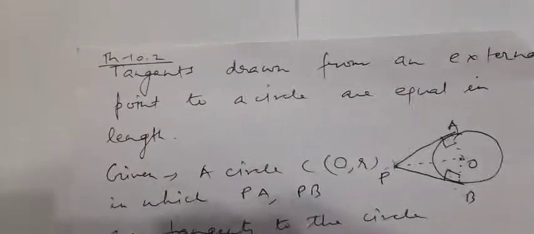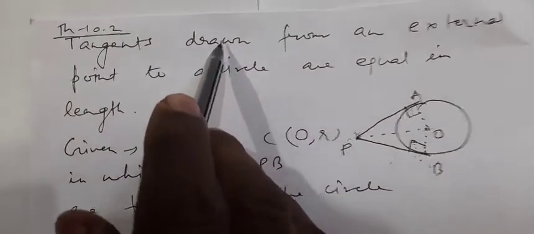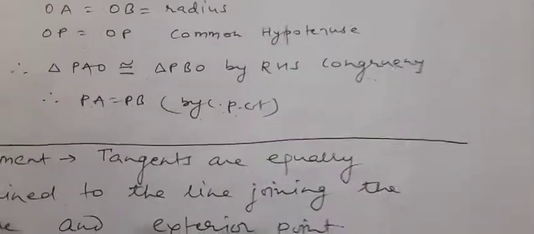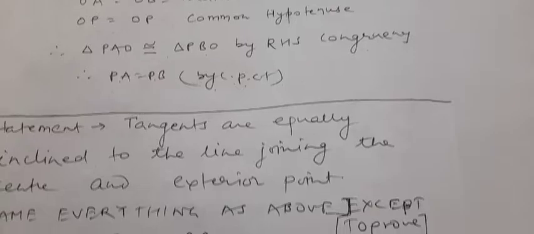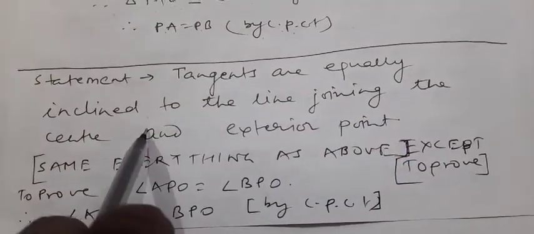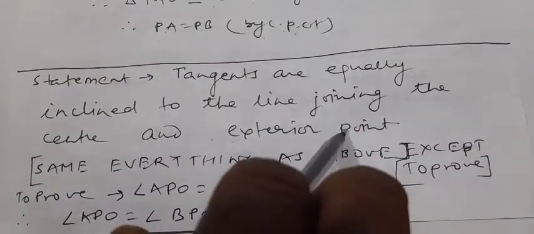Now, it was an important theorem. But on the basis of this theorem, a few more statements are there which we have to prove. The other statement is that tangents are equally inclined to the line joining the center and the exterior point.